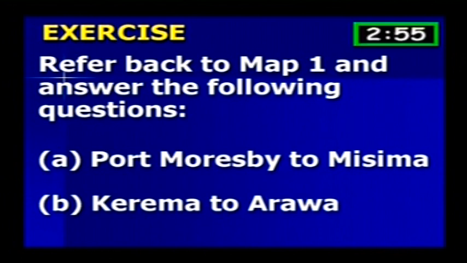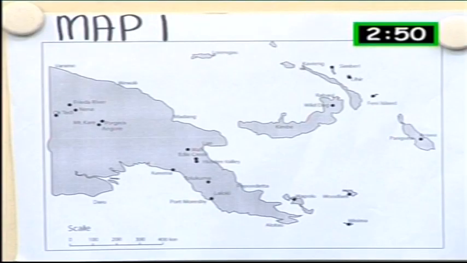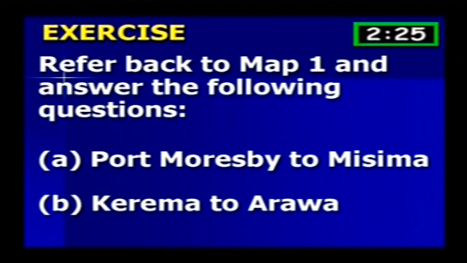Get the actual distance on the ground, and then you get the measurement of those places. Use your scale. Look at your scale. Use the scale to get the actual distance on the ground of those places. Map 1 is the first map.